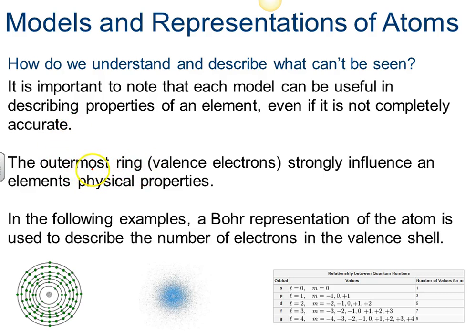We're most interested in the outermost ring, where the valence electrons are located, because they strongly influence the properties of elements, and therefore the substances that elements make up, which is pretty much everything. So in the following slides, we're going to have examples that use the Bohr representation, this one, rather than the electron cloud model or the quantum model.